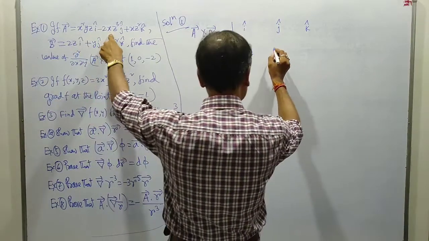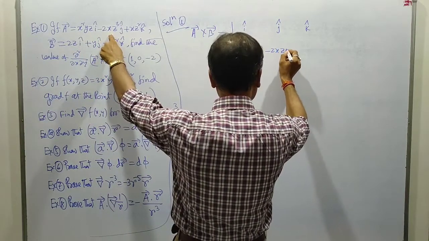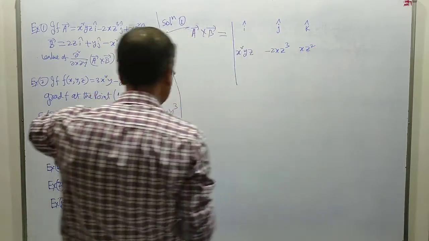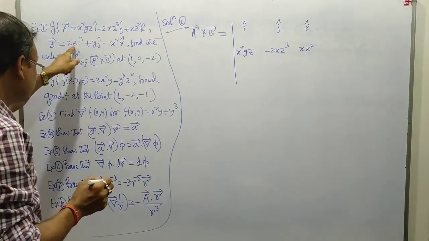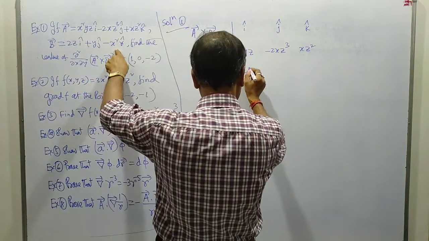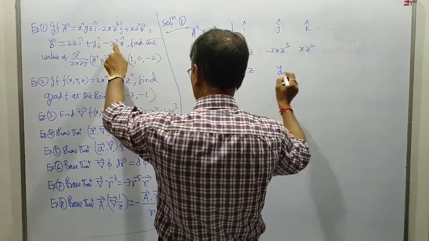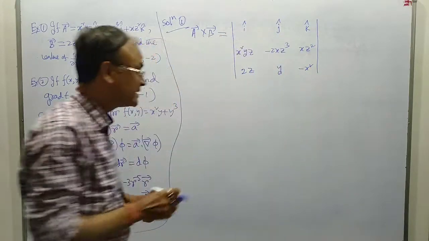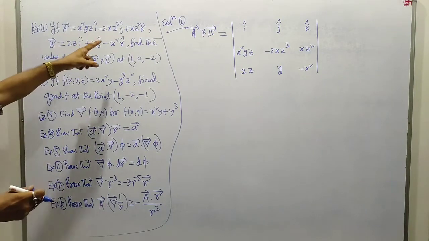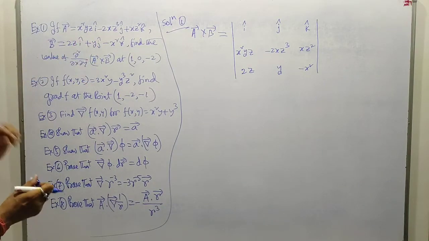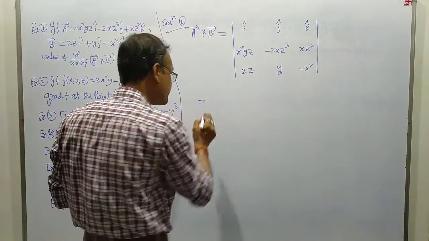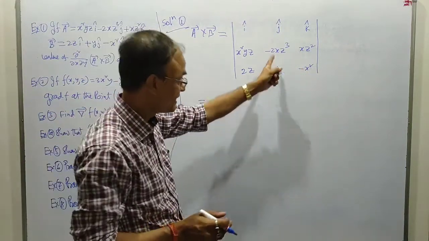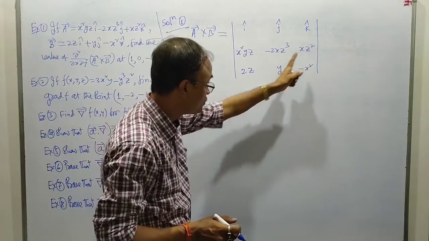Carefully write minus twice x z cube, x z square, and here twice z y, minus x square. Yes, this is equal to i cap: this into this minus this into this.